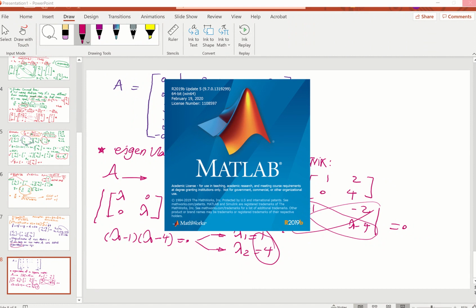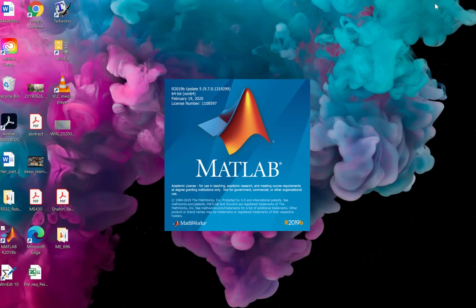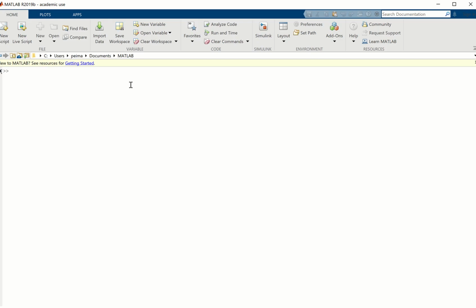Understood? Okay, our A matrix is 1, 2, and 0 and 4, that's right, our example.